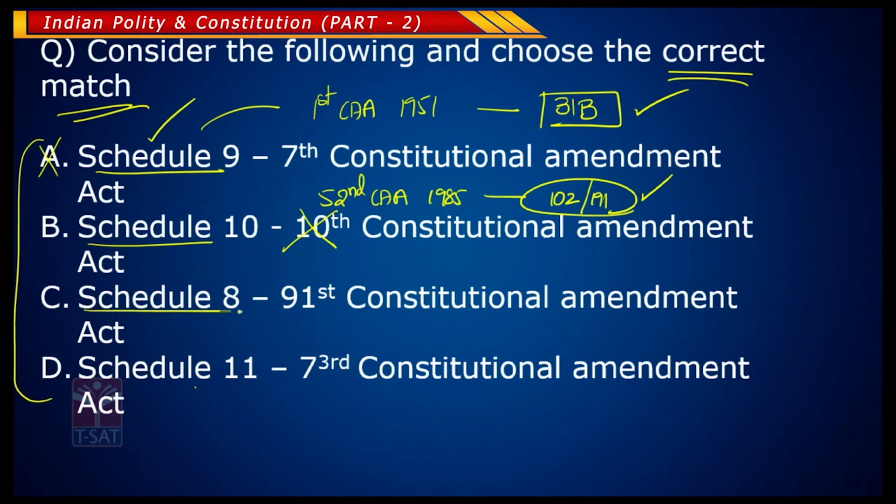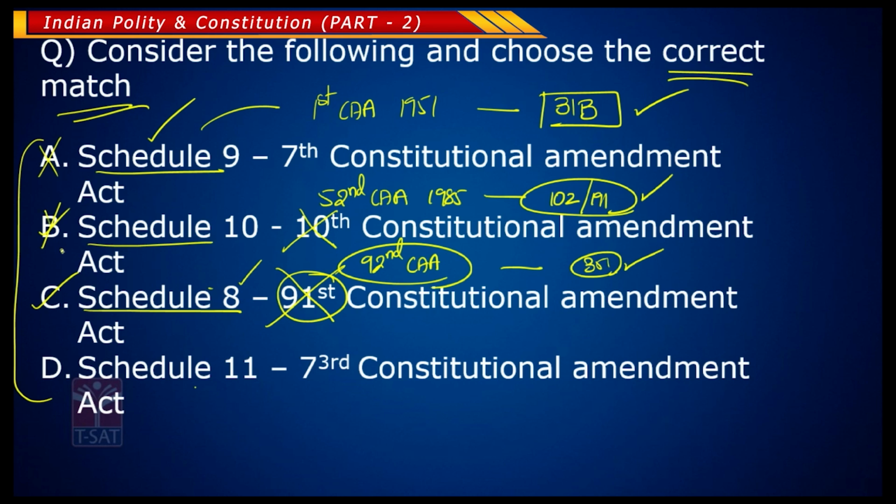Now Schedule 8, this is leaked. Schedule 8, it is not the 91st, it is the 92nd Constitutional Amendment. And Schedule 8 is linked directly to Article 351, 344, etc. It talks about official languages, so this is also wrong.